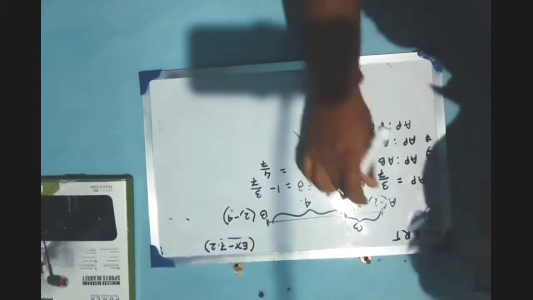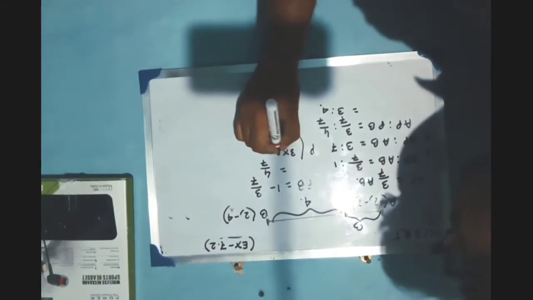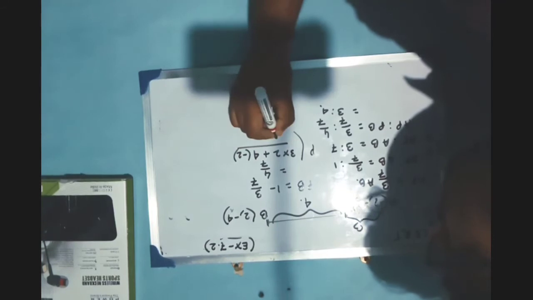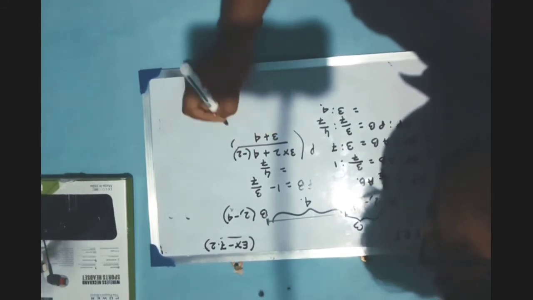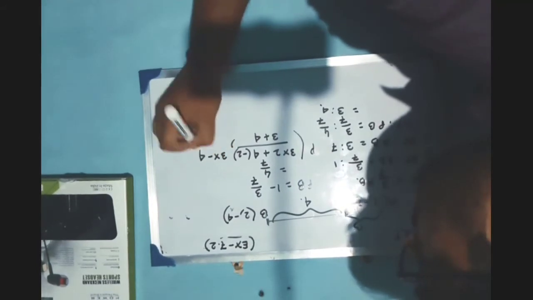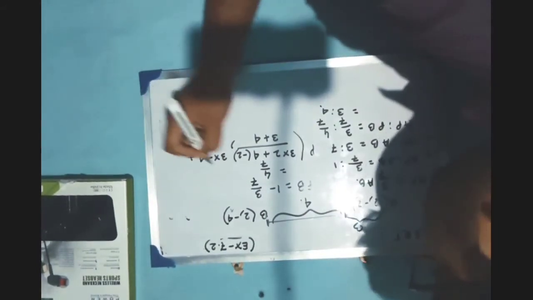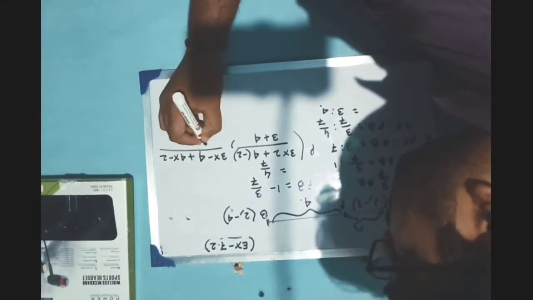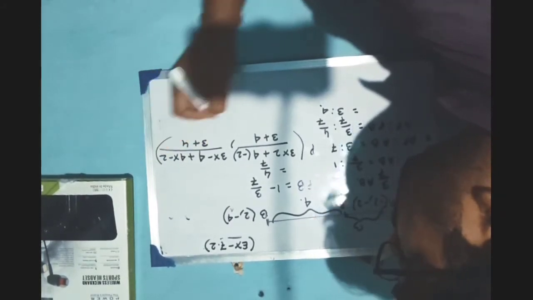So next we will find the coordinate of P. P is equal to 3 into 2 plus 4 into minus 2 by 3 plus 4, comma 3 into minus 4 plus 4 into minus 2 by 3 plus 4.